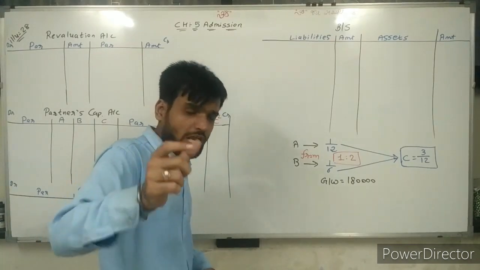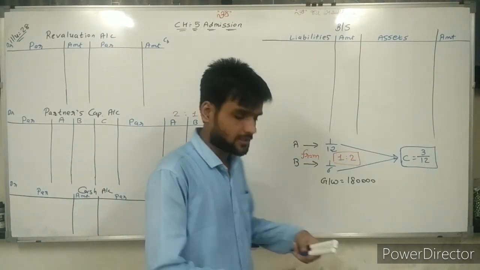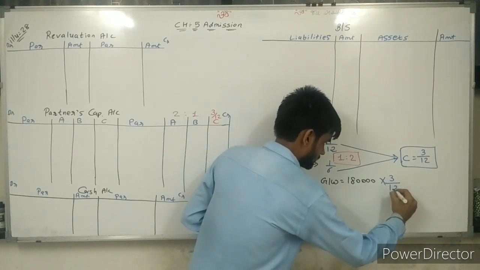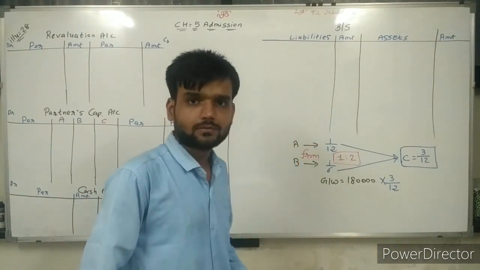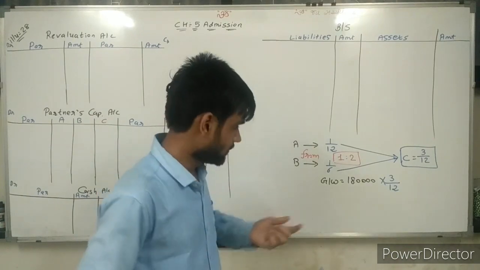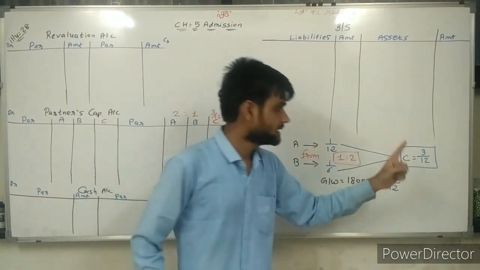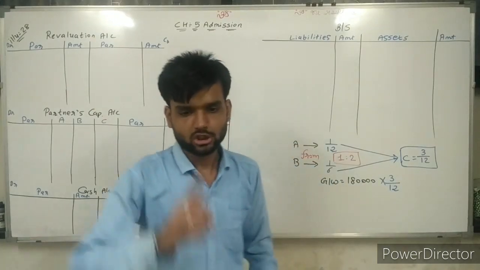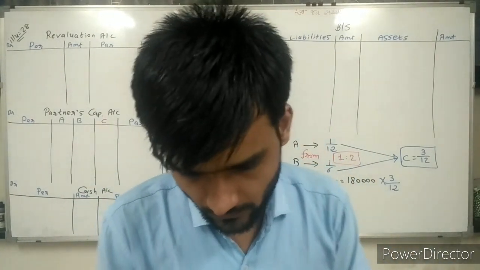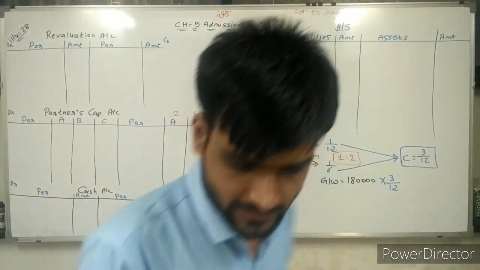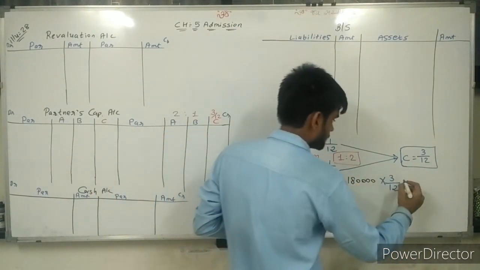Now the share of C is 3 by 12. So multiply 3 by 12 and we get the value of goodwill of C. That amount is brought by C. So if you multiply it with goodwill, then 45,000 will be the amount.